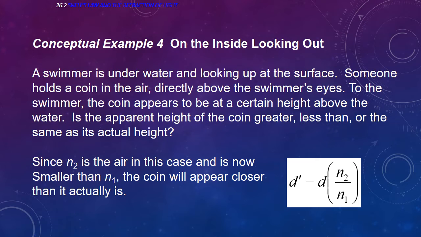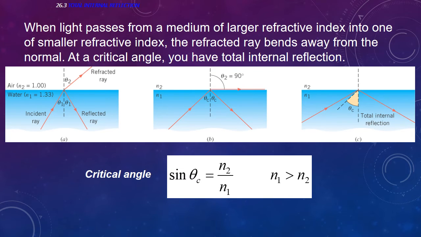Remember, n2 in air, in this case, is now smaller than n1. So in this case, the coin will appear closer than it actually is. So everything always appears to be different in sizes, or, sorry, distances in this case.